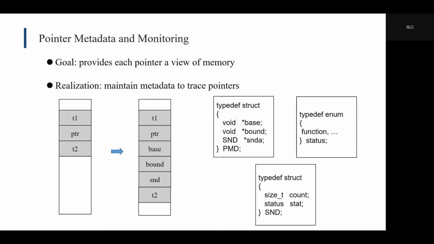It can immediately report errors with no false positives. A recent research called SmartStatus has been proposed, which creates and maintains a status node to trace not only the bounds of pointers but also more information including pointer status and referent count.